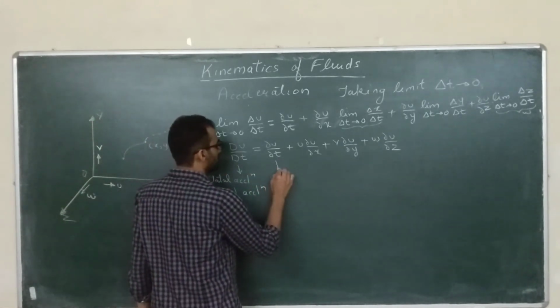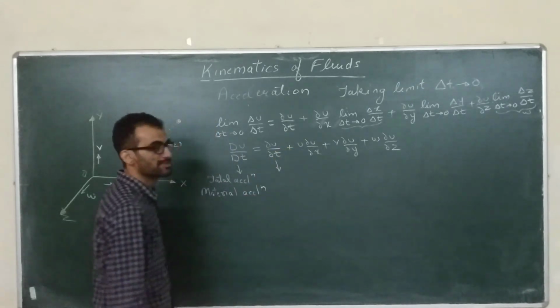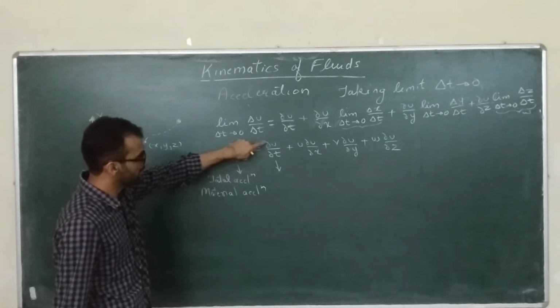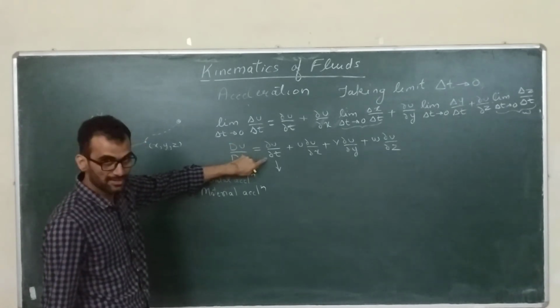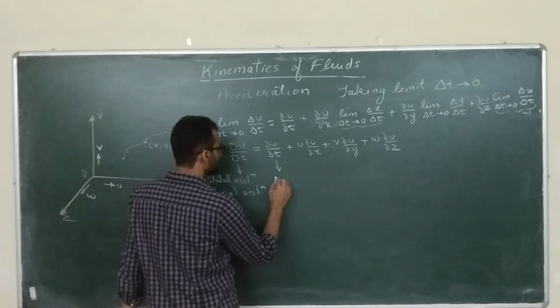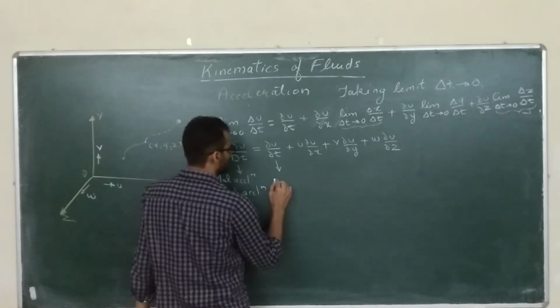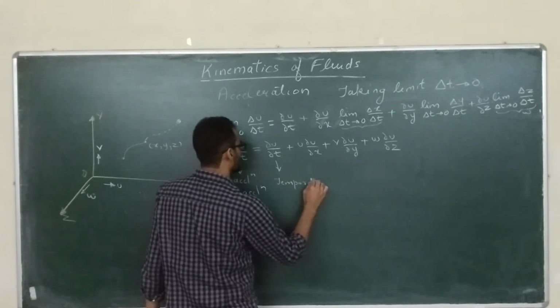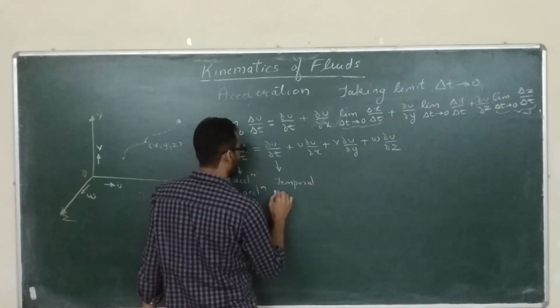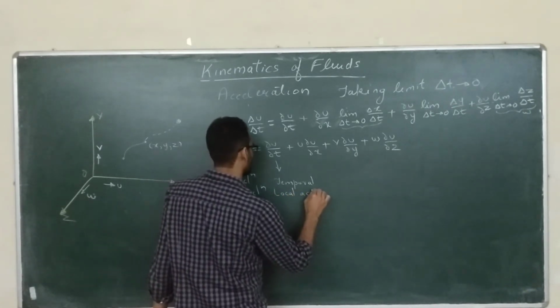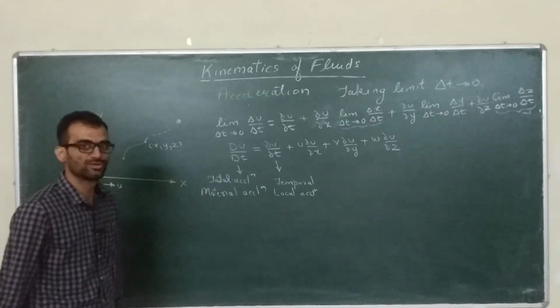One is the rate of change of velocity with respect to time. It represents the change in velocity with respect to time. So this is the temporal acceleration, or local acceleration.